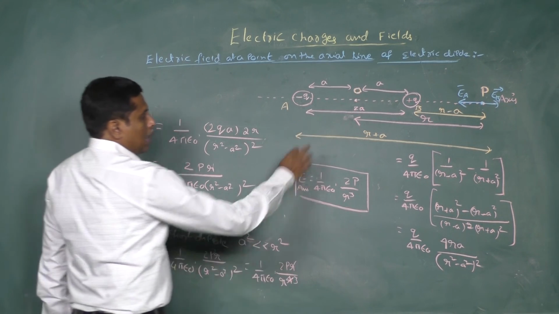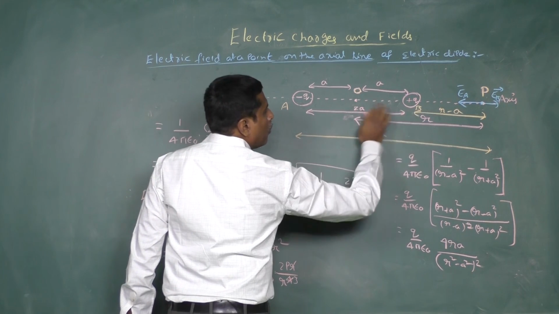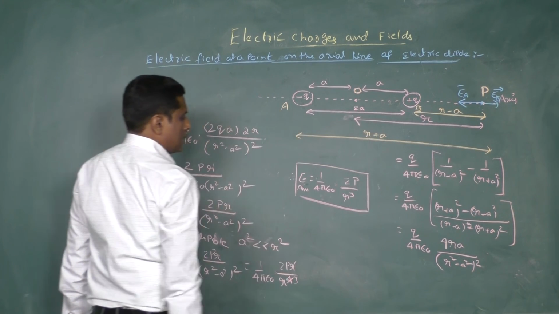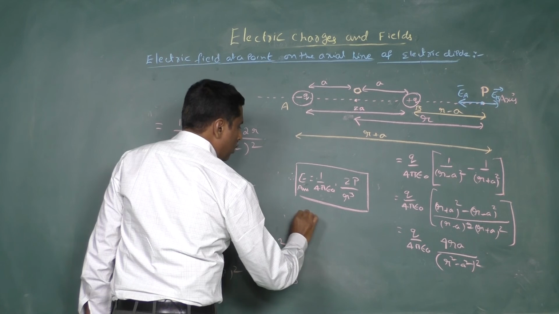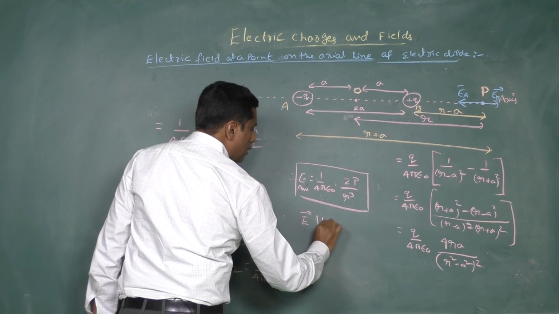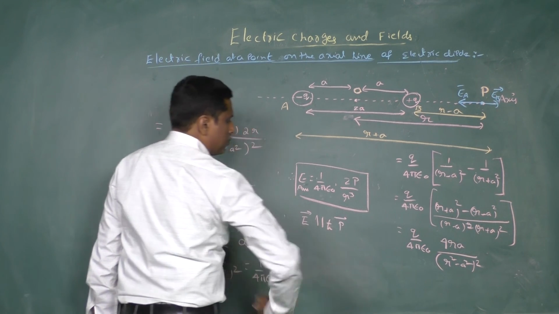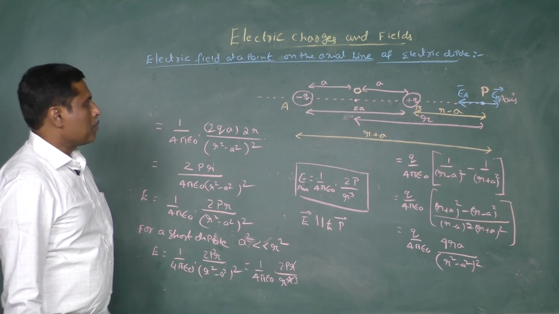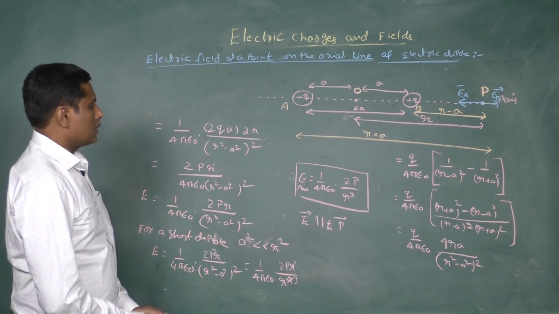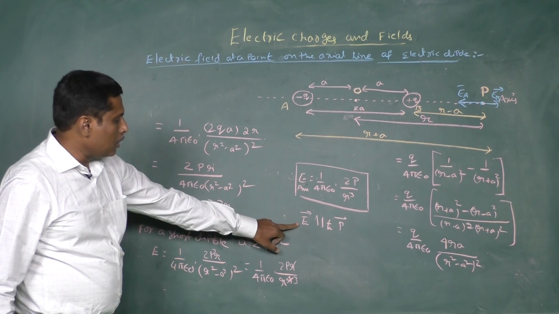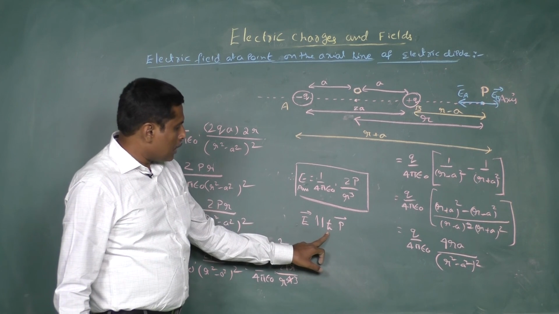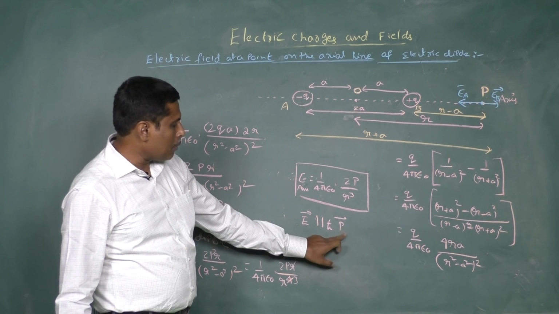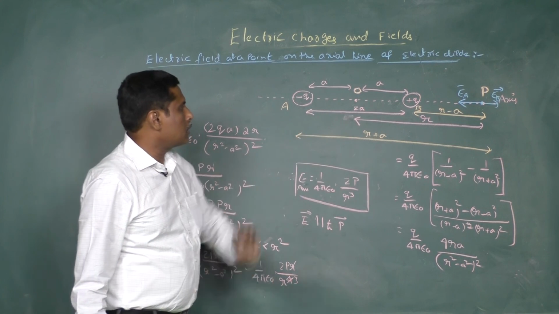That is, the dipole moment and the electric field both are in the same direction. Here, E bar is parallel to P bar. The net electric field is parallel to the direction of the dipole moment in this case.